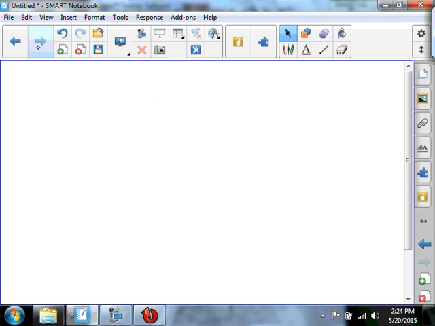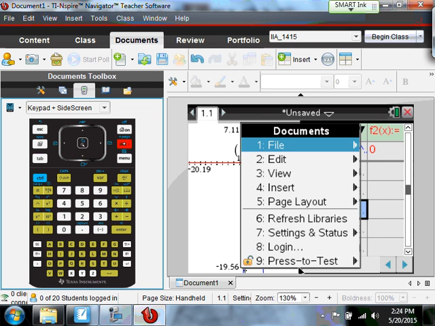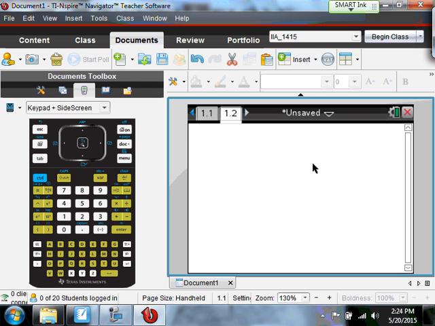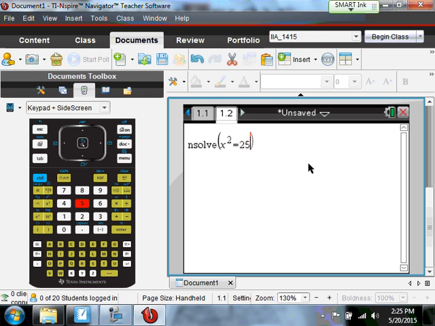So in example 2, what if we were asked to solve x squared equals 25? I think by now we're coming to love nsolve, and we really do. It's awesome. nsolve x squared equals 25, solve for x, and we get 5. But that's only half the answer, isn't it?